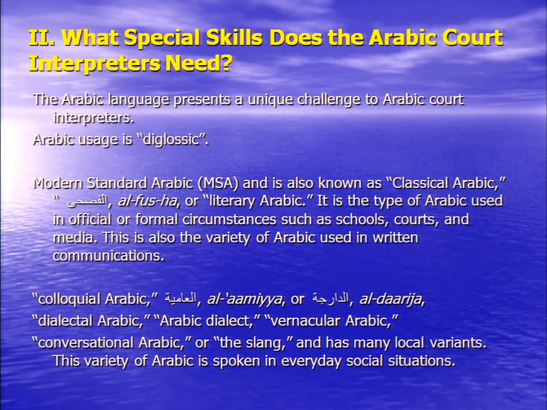Our use of Arabic is diglossic, which means that we use both of those types of Arabic in one speech. Modern Standard Arabic is also known as Classical Arabic, and that's an official formal language we use in school. That's the language we learned at school. It is the language used in the courts, media, and communication, and the colloquial Arabic, which I said before is a language spoken in different regions. اللغة العامية.